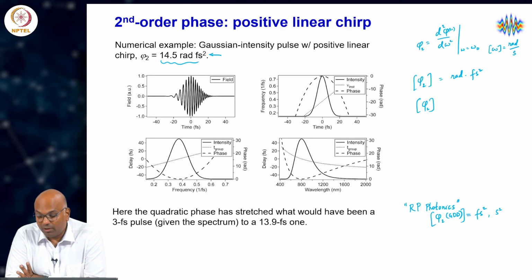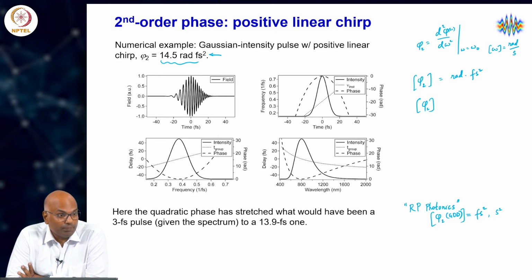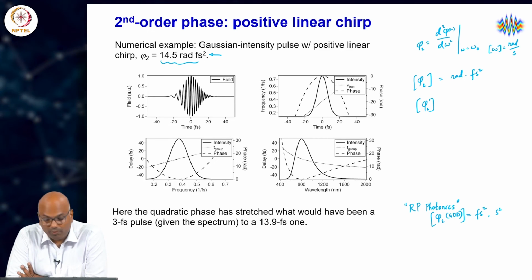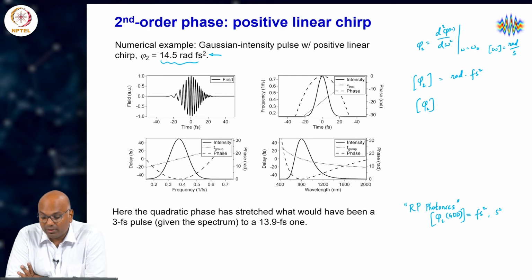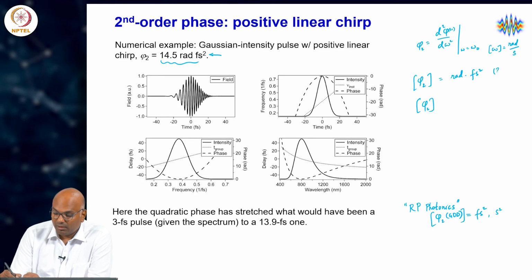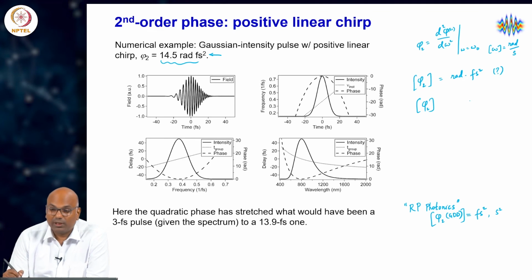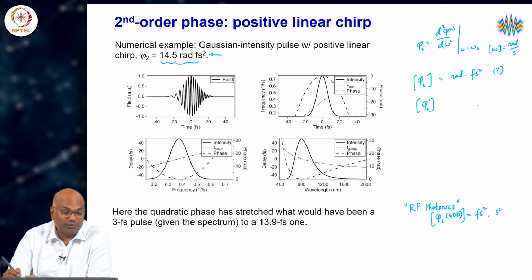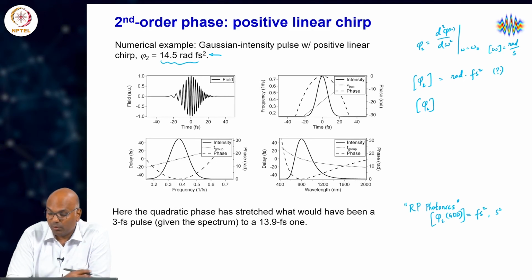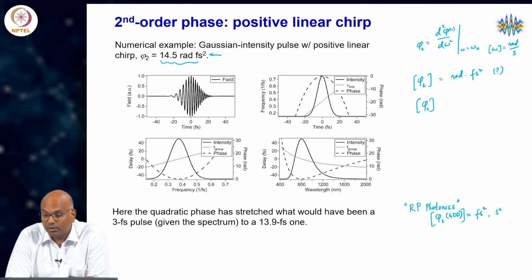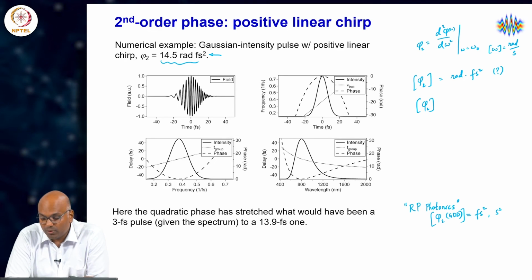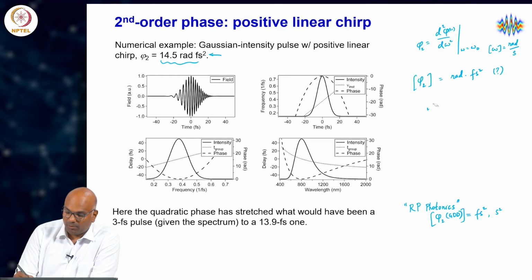Okay, so is one right, the other wrong? Actually not. It is owing to the way in which we have chosen to define this quantity. Is this radians times femtosecond square also absolutely perfectly right? It is right, but one can also choose other ways of expressing the same. So, what is the problem here?